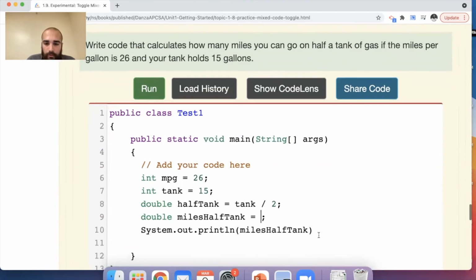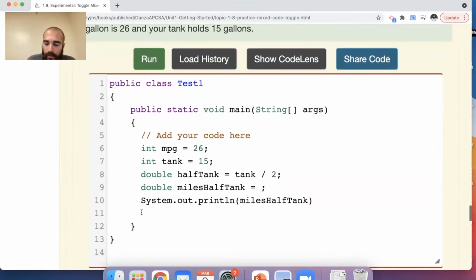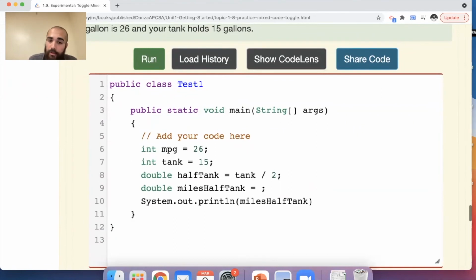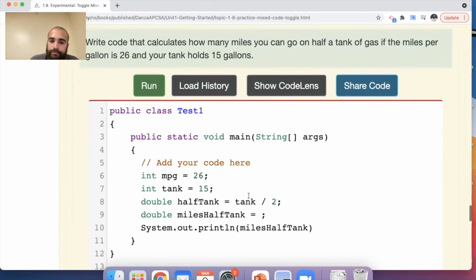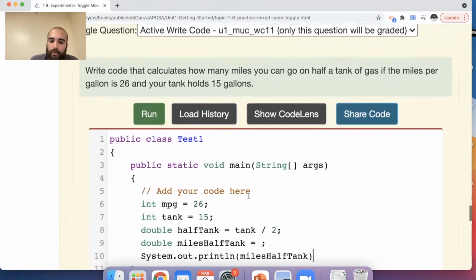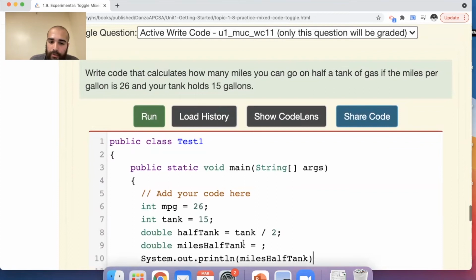Okay, so turning it over to you guys. I'll let you guys practice this. All right, what would I like to do in order to make this work? What is something that could work if I have a variable called miles half tank? Your miles per gallon, you get 26 miles per gallon, and your tank holds 15. Could I say miles per gallon, then what?